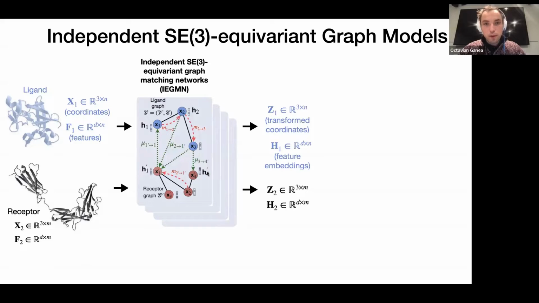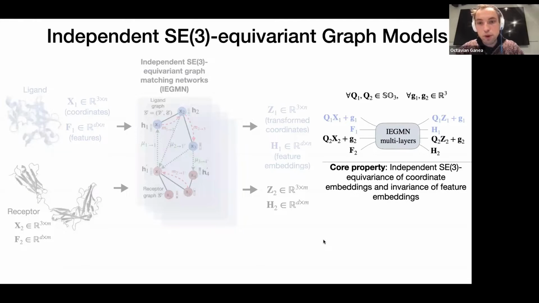What we have to do is to stack several layers of these message passing neural networks, and then transform coordinates and features jointly. In this way, we are going to guarantee this core property of independent SE(3) equivariance of coordinates and invariance of feature embeddings.